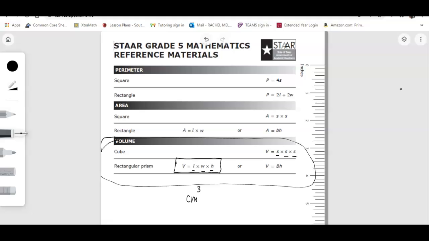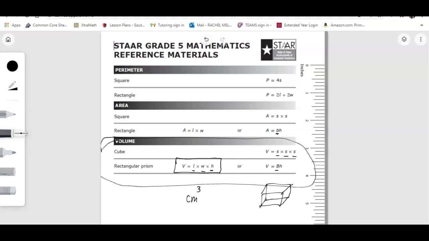Okay, now remember this one, volume equals big B times height, where that big B is different than the little b in area. The big B in height means if I have a shape like this, don't laugh at my drawing, it's not perfect, I know.